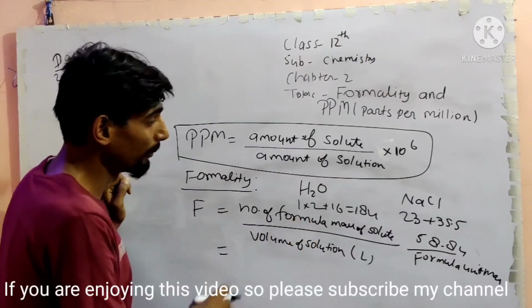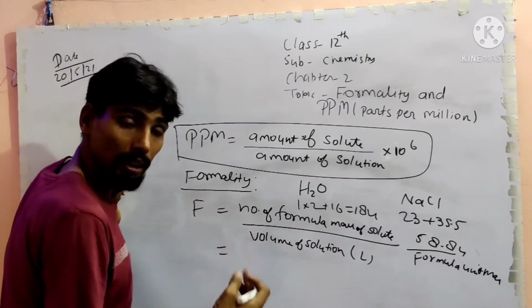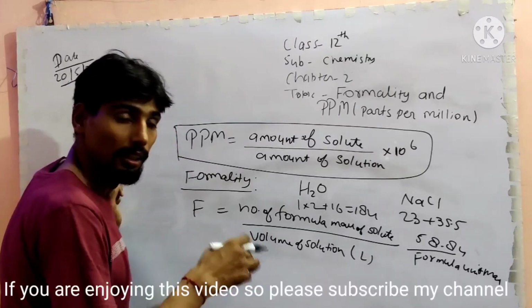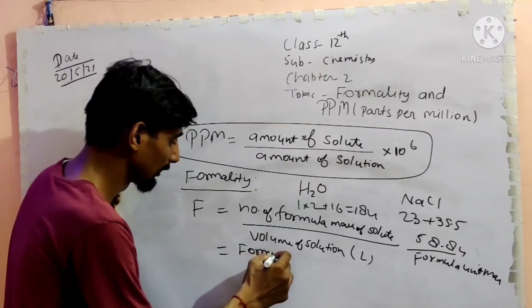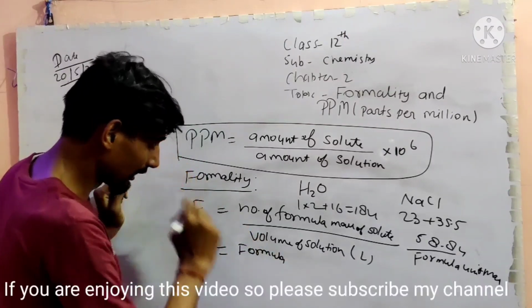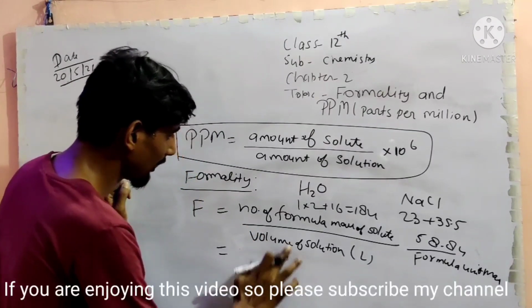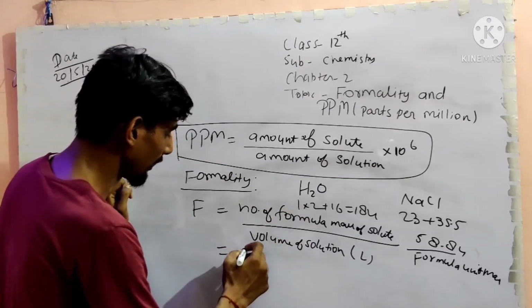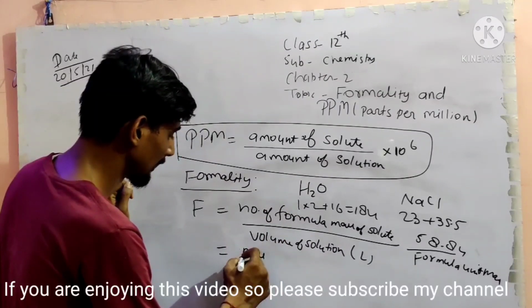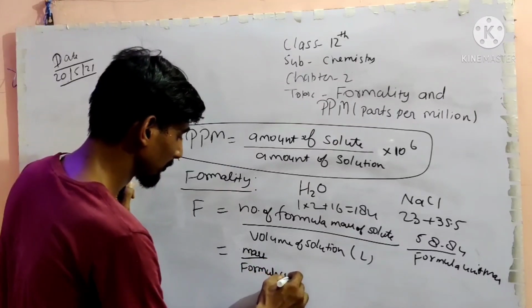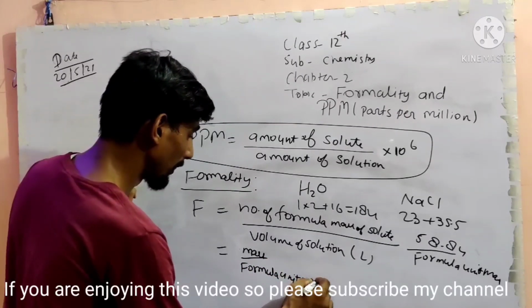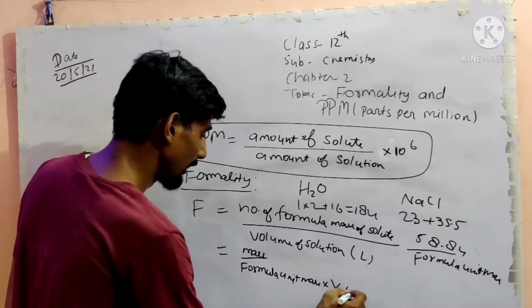So number of formula unit mass is simply mass upon formula unit mass. This is the formula: calculate moles, calculate mass upon formula unit mass, into volume in liter.